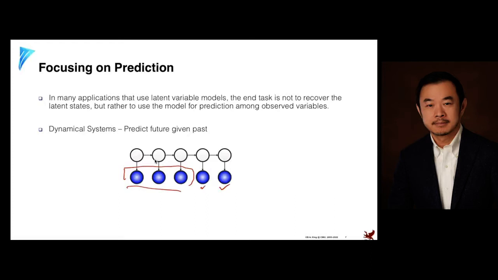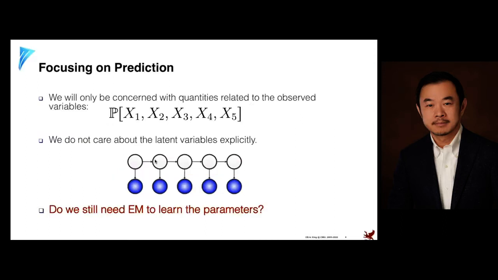Because if that's the case for our learning task, then we may think a little differently about how to design the problem, especially in this dynamic system. Let's say predicting the future given the past is our major goal. So if we focus on prediction, do we still need the EM algorithm to learn the parameters?